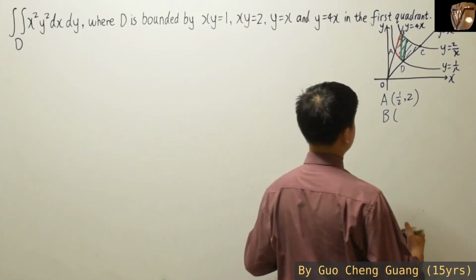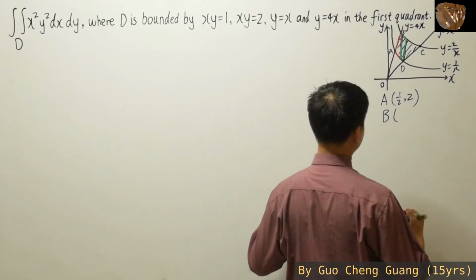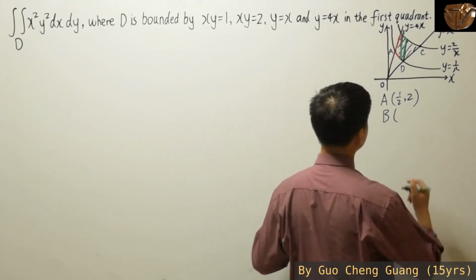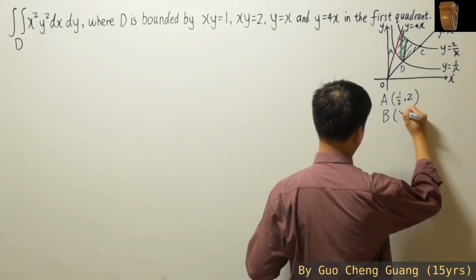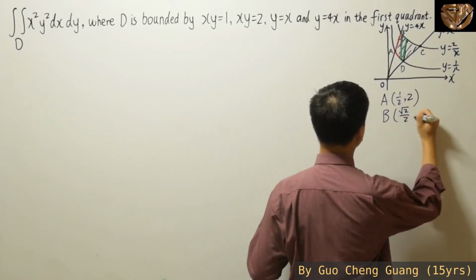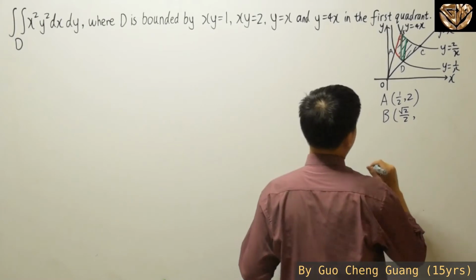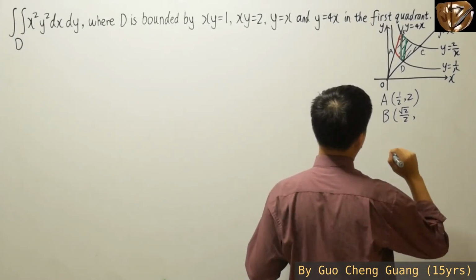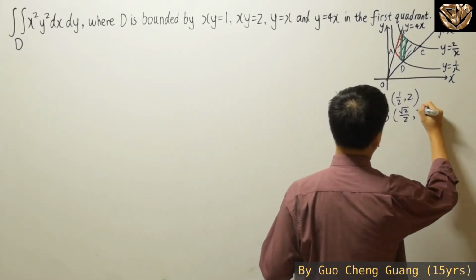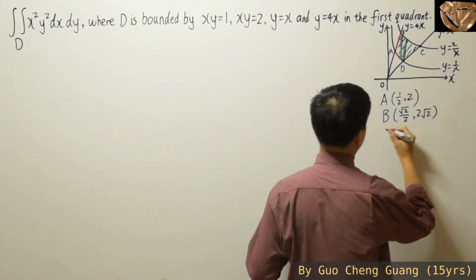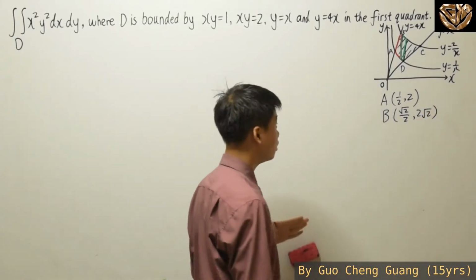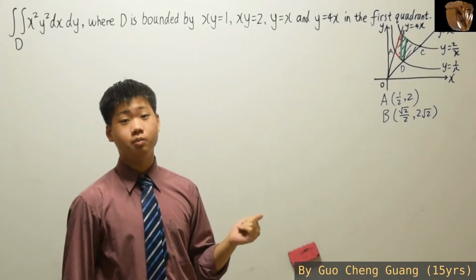So x squared is equal to 1 over 2, and you take the square root of both sides to get square root 2 over 2. And of course for your y coordinate it will be 2 square root 2. So that will be your coordinate for point B.